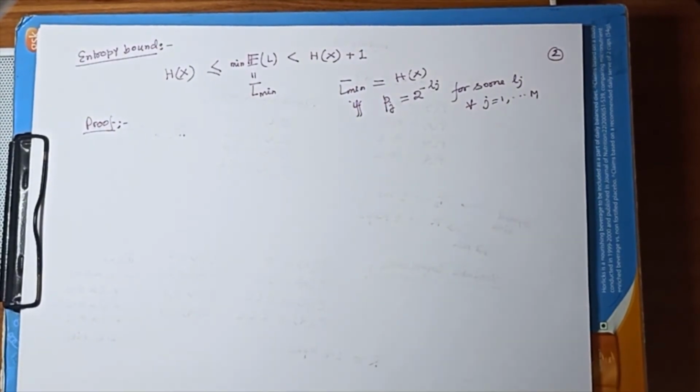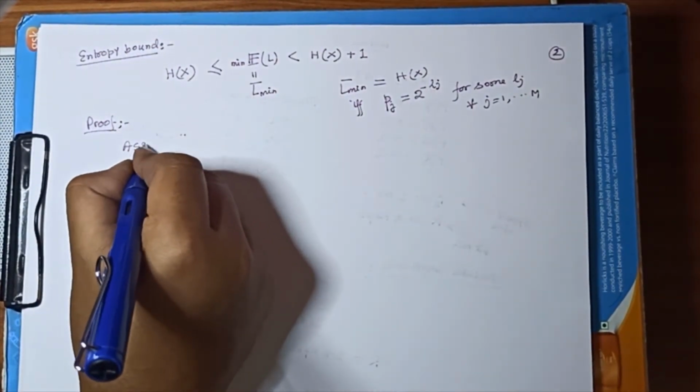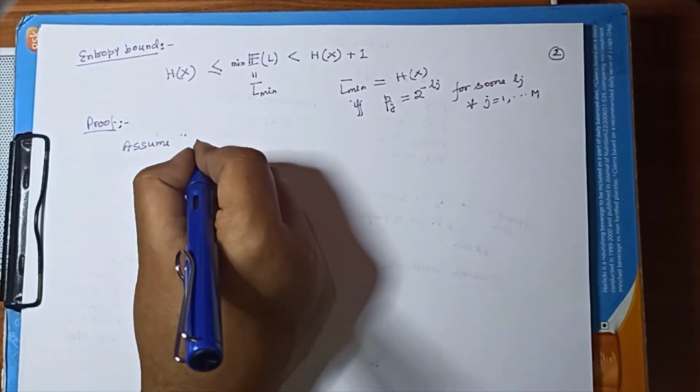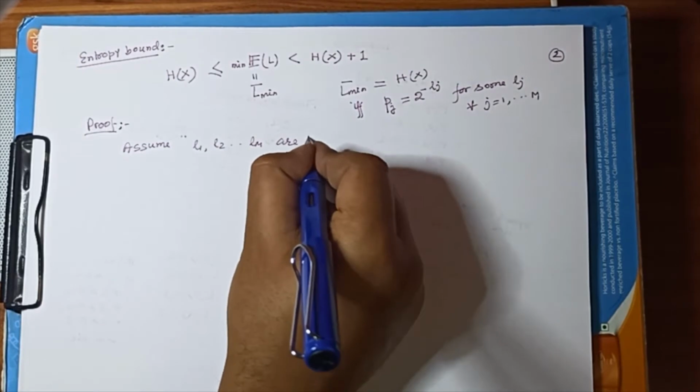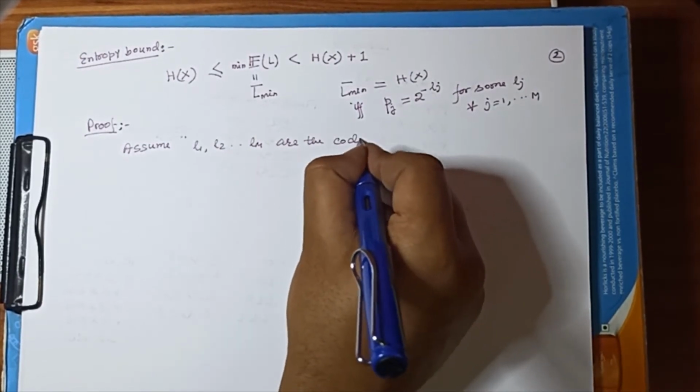Let us prove that. Assume L1, L2 up to Lm are the code lengths.